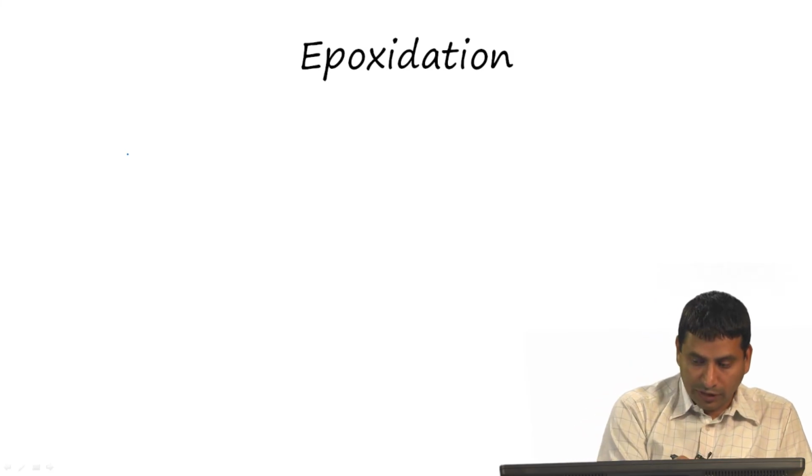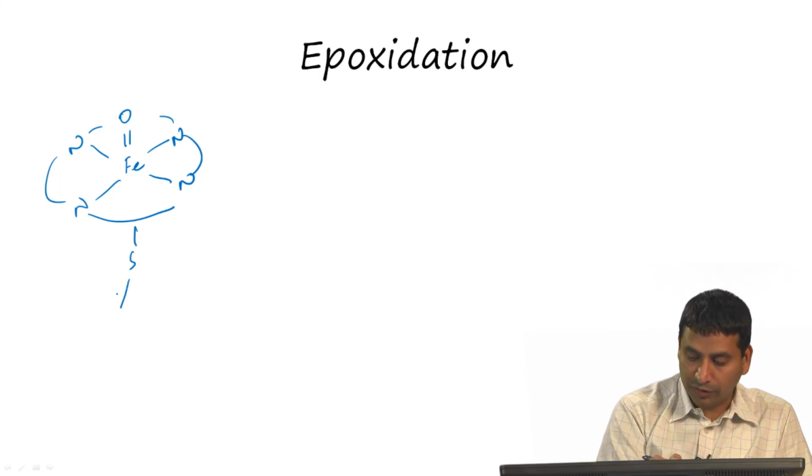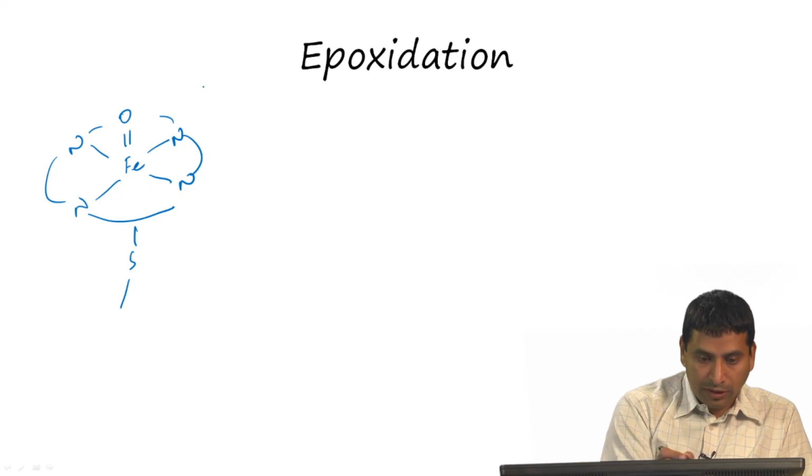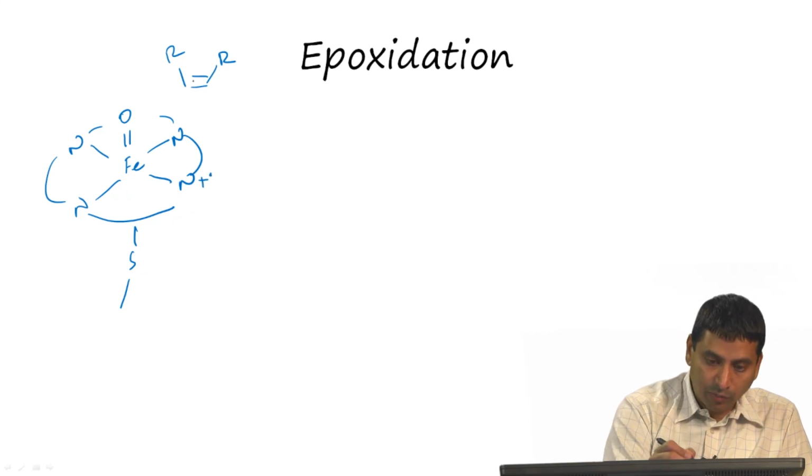So, again we should look at just the key steps of this mechanism. You have Fe double bond O, you have the nitrogen, nitrogen, nitrogen, nitrogen. Okay. And as I mentioned earlier, there is a cysteine residue over here, which is going to anchor itself to the iron, and you have an olefin R R, and as I mentioned, there is a radical cation over here.